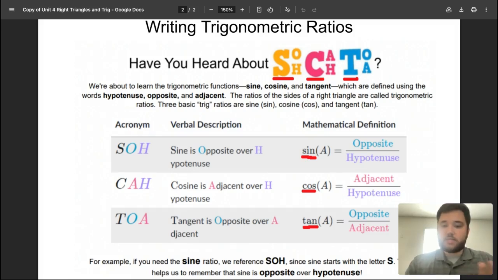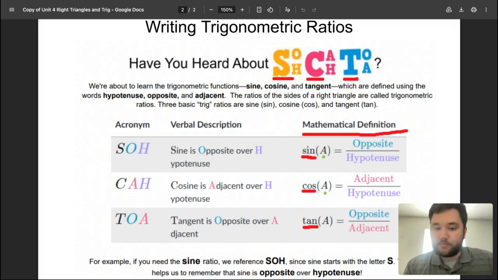The last thing before we move on to the examples: if you look at these mathematical definitions on the right side, obviously there are a lot of letters and words going on. So where do the numbers come in, and what do we end up solving for? The sine, cosine, and tan that I underlined are going to stay like that. But the part right next to it, the A, is going to be your angle.